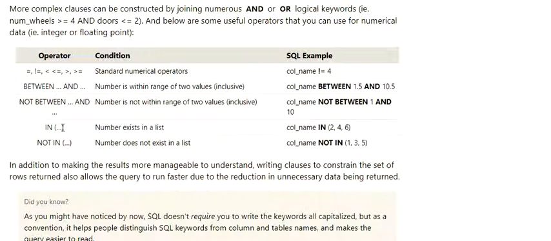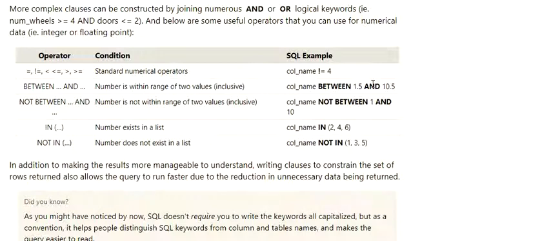So what is the difference between and in? Basically, in the IN operator we have to give certain values, like here it is given column name IN 2, 4, 6, while if we want to get the values from ID 10 to 80, then we can't put all the 10, 11, 12 in the IN operator.